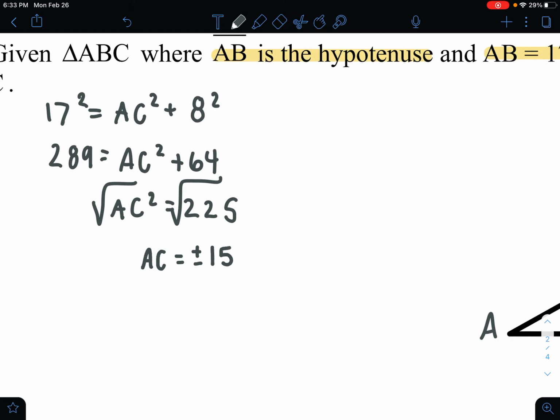And the reason we can't have the minus is sides are only positive. You can't have negative distance. So AC will equal 15.